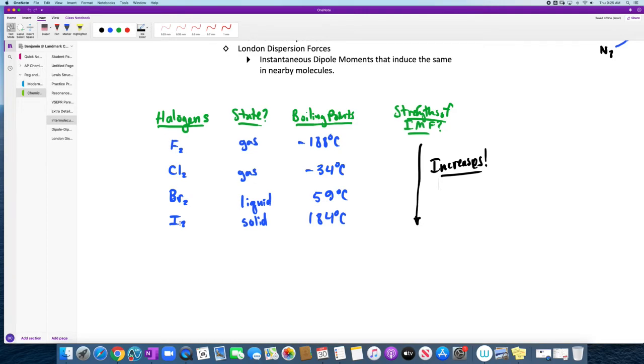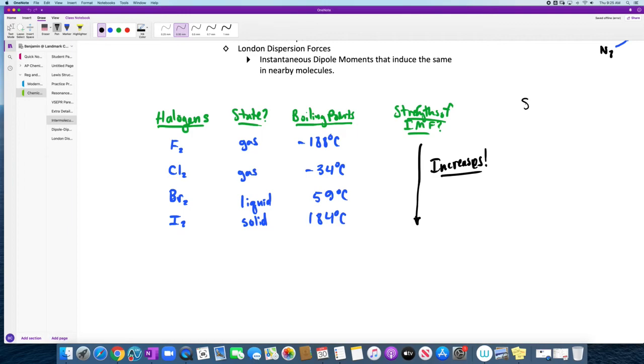Why would that be the case? Diatomic fluorine has fewer electrons than diatomic chlorine, which has fewer electrons than bromine, which has fewer electrons than iodine. So we're getting larger and larger electron clouds as we go down, right?